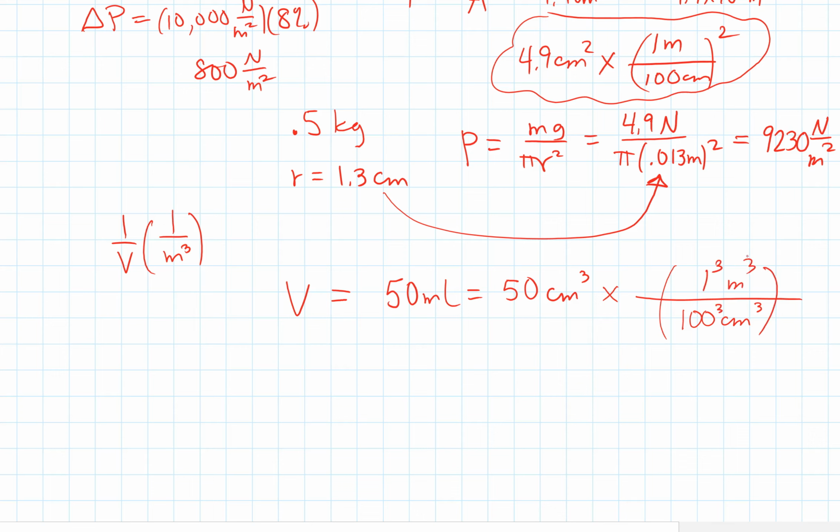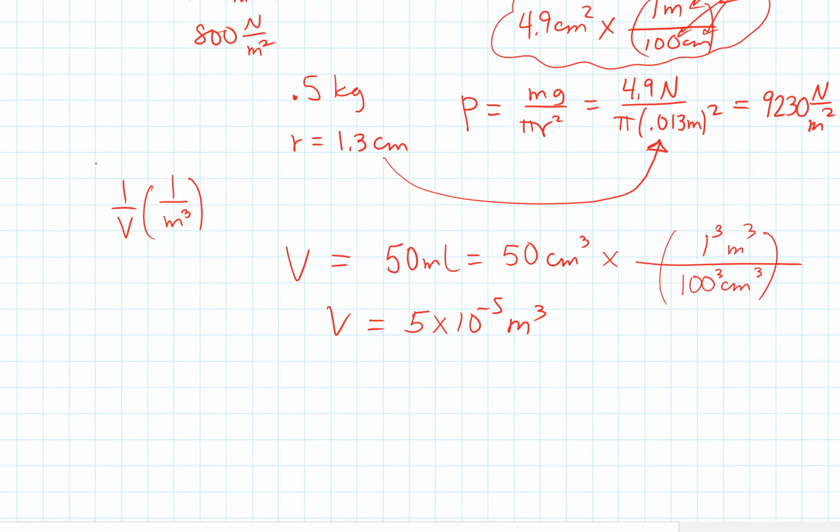So basically what you do is you take the exponent here and you just distribute to everything. So there was a 3 here that I then distributed. So 100 cubed is 1 million, and if I was in class, I'd be doing the Austin Powers thing. So 50 divided by 100 cubed is 5 times 10 to the negative 5th meters cubed, but that's V. Therefore, if I want to get 1 over volume, I have to do 1 over that.